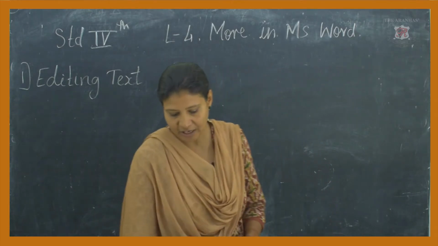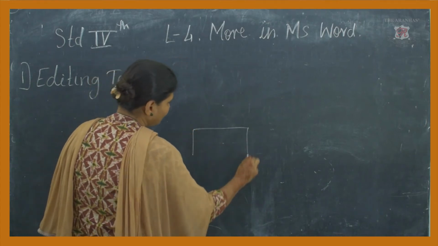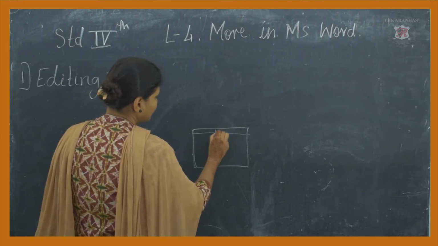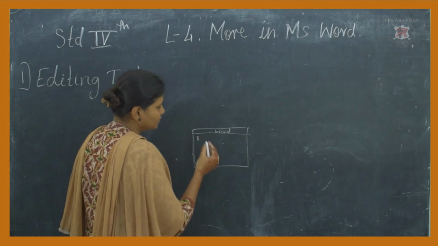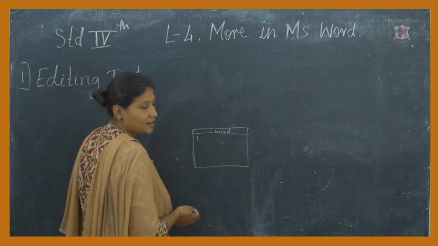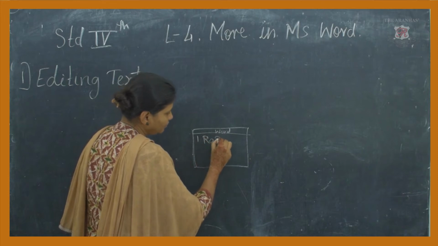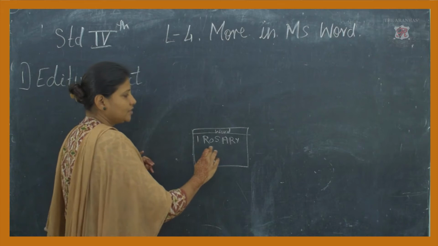See, for example, I will show you. This is your computer screen, okay? In this you have open MS Word. Now, for example, this is the cursor, okay? Cursor. Now, you are typing your name or we will type Rosary. Now, I want this in small letters.